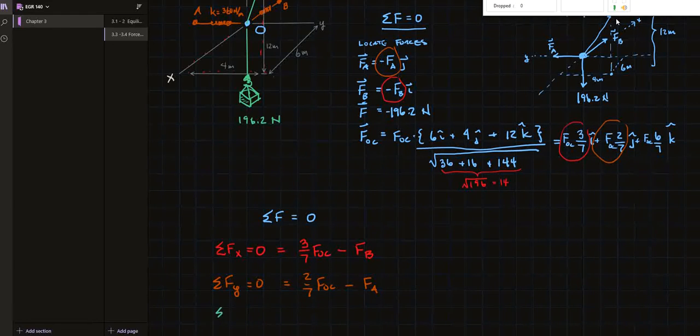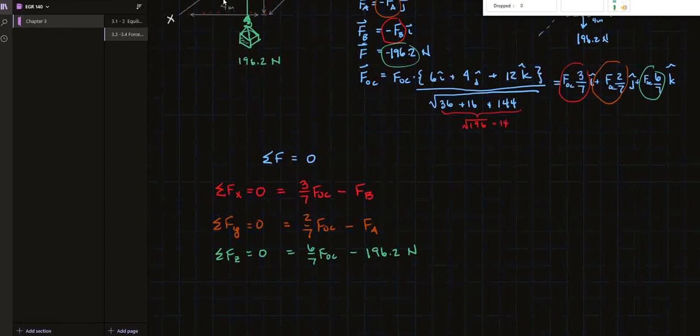And then for the sum of forces in the z direction, equals 6/7 FOC, this guy. Now we subtract off this, minus 196.2 newtons.